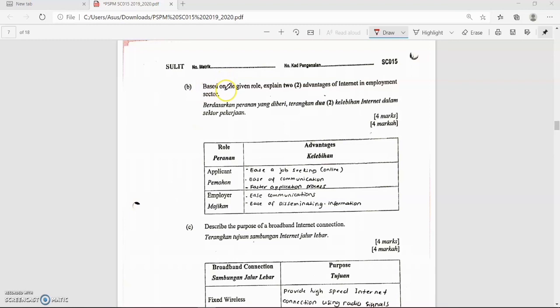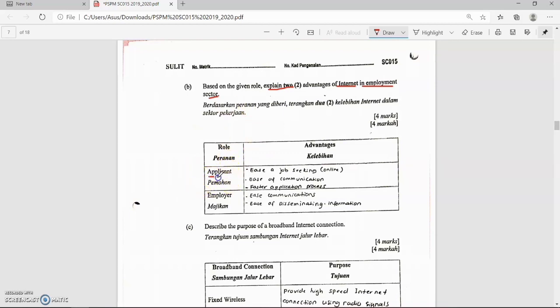B. Based on the given role, explain two advantages of internet in employment sector. This one you can use any points, but it's not related with role.